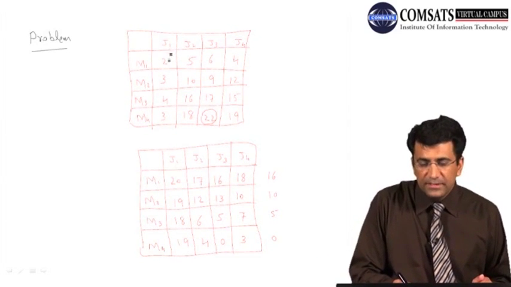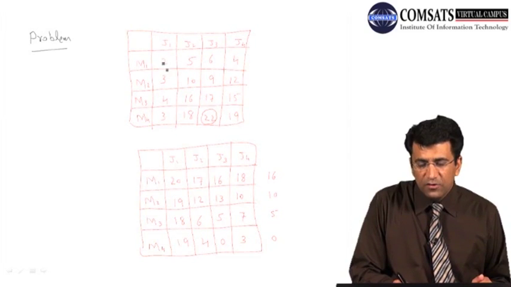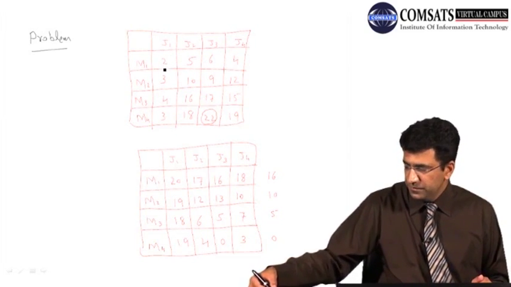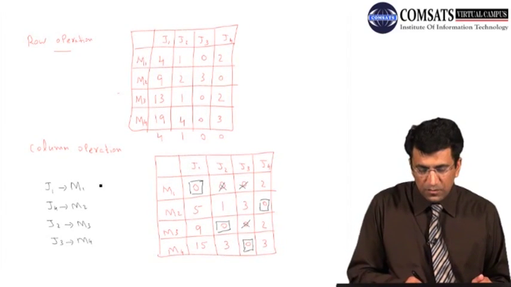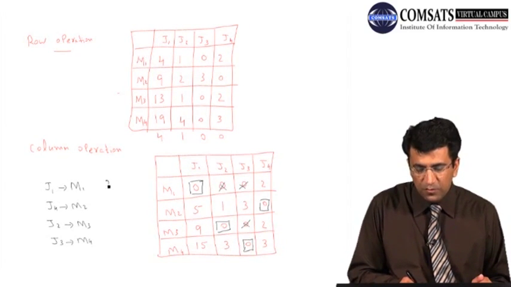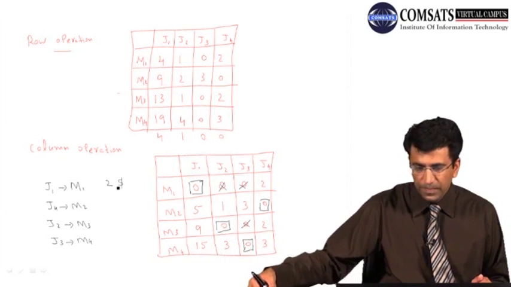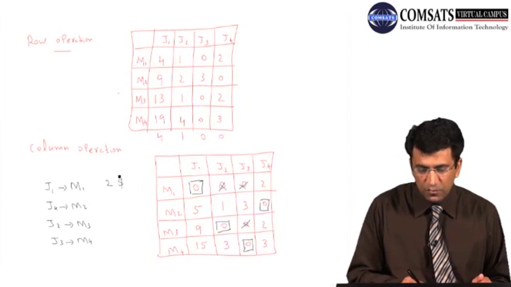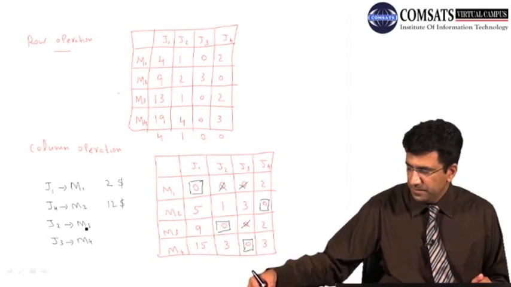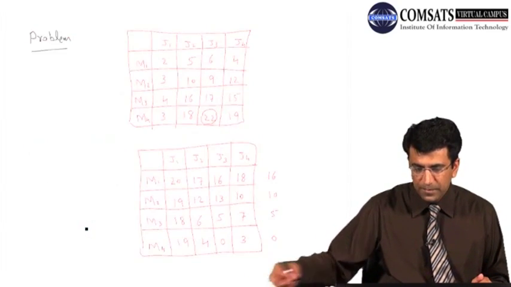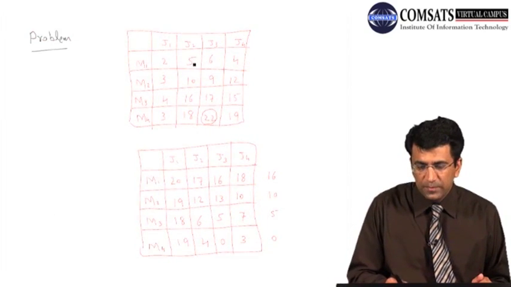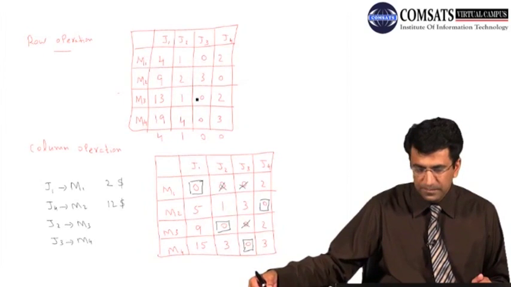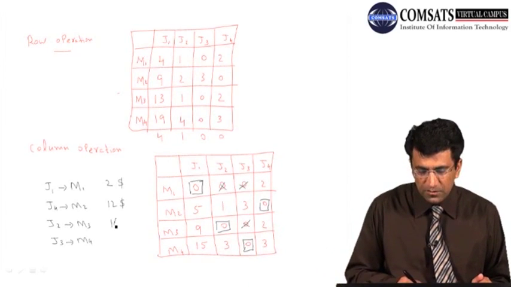So you can see that if we assign job 1 to M1, there will be the profit of $2. If we assign job 4 to M2, $12. Job 2 to M3, $16.